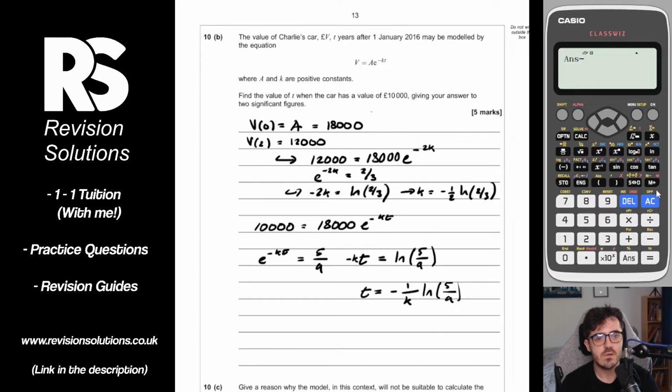So scrap that, minus 1 over our k, which was our answer, times the natural log of 5 over 9. Gives us 2.899 years. And how do they ask for the value? They said find the value of t to 2 significant figures. So if we round to 2 significant figures, that would just be 2.9.